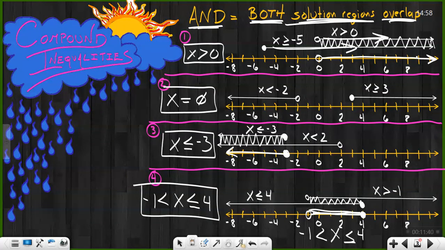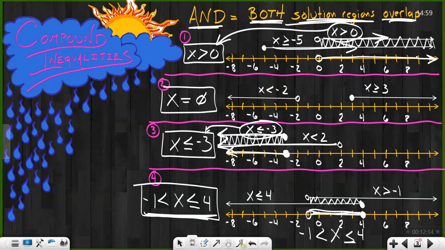When we're doing and, we're doing the one that is shorter, the one that's less inclusive, because I need it to both be true. And again, it's our shorter of them, so we can just pick that one out. If they're going in opposite directions, as we saw in number 2, there's no solution. And if they overlap going in opposite directions, then there's two reference points and it needs to be written as a compound inequality, as we see here in number 4.